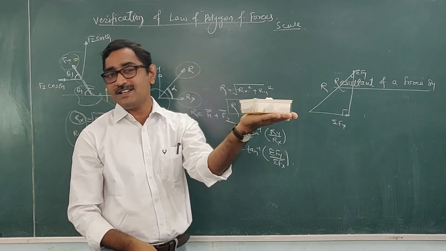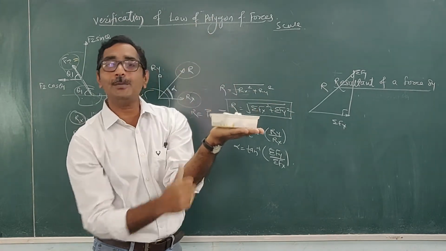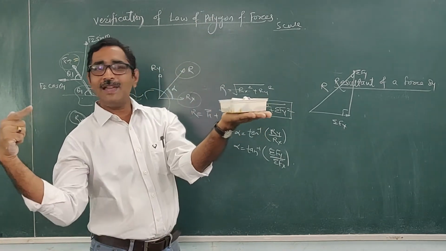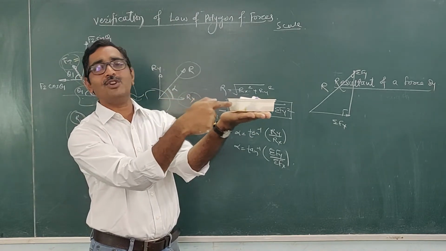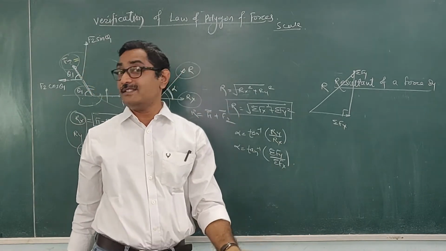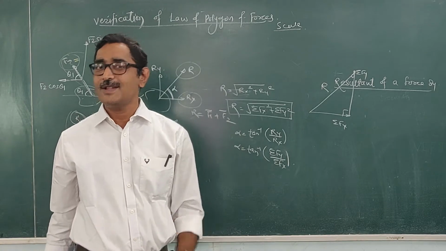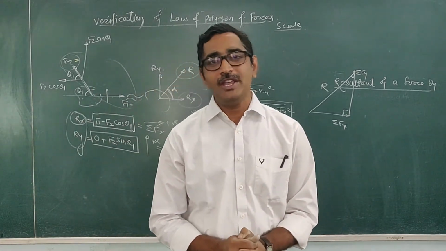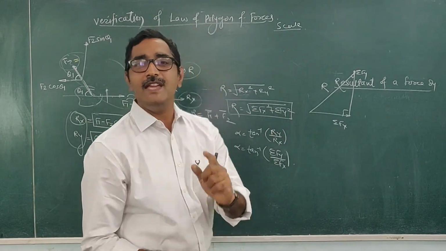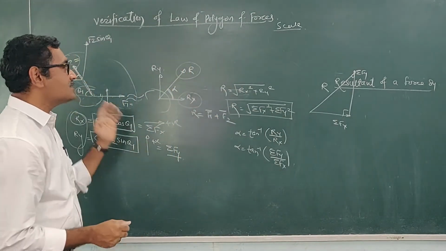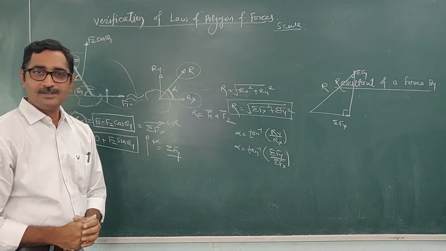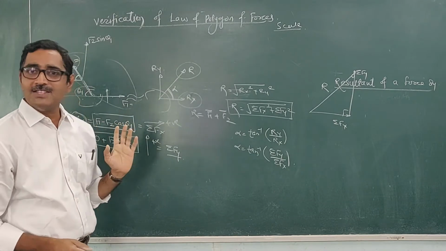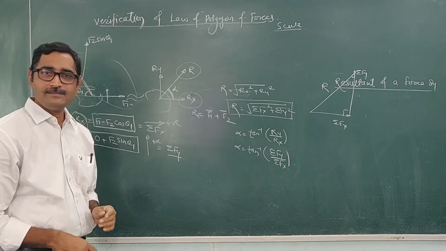Which are the two forces here? One is the weight, the other one is the normal reaction. But if I apply one unbalanced force in the horizontal direction, because of which it starts moving in the direction of that unbalanced force with some acceleration. So remember, whenever any unbalanced force acts on a body, that unbalanced force is always responsible for producing certain motion.